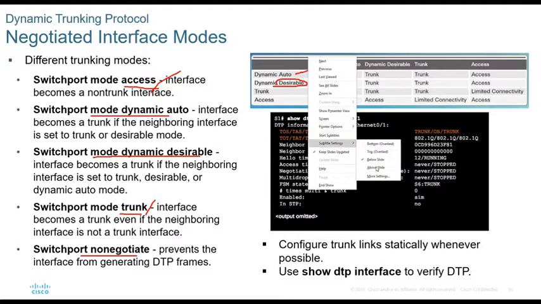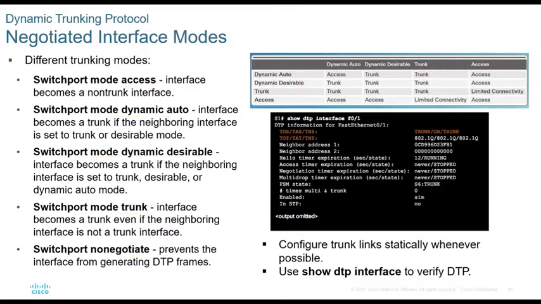Alright, the next one is, for example, we change it to dynamic desirable. Let me just clear my screen. So, dynamic desirable to dynamic auto, the result will be trunk. So, just a small change, no? So, combination of DD to DA, the result will be trunk. Combination of DD to dynamic desirable, again, it will be trunk.